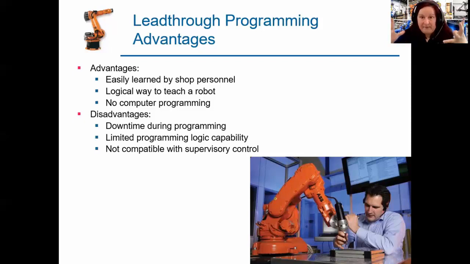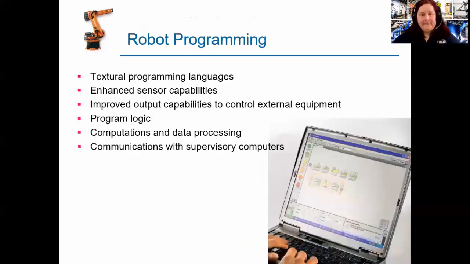Disadvantages: you have to stop everything and make the robot available only for this, so you will have some kind of downtime, and you have limited programming logic capability, and it's not compatible with supervisory control because we're making this kind of program and then it's not working remotely.